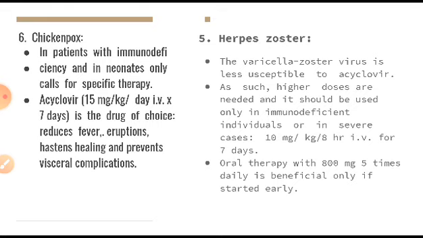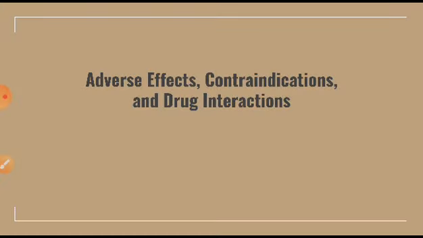Next is chickenpox. Only in patients with immunodeficiency and in neonates does it call for specific therapy: acyclovir 15 mg per kg per day IV for 7 days. So these are the uses of acyclovir.